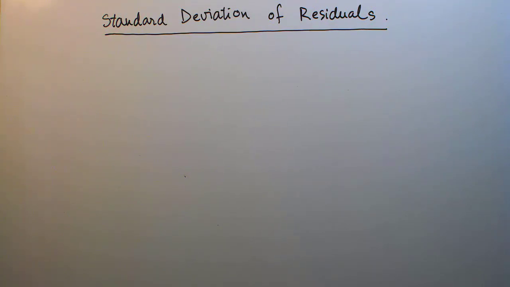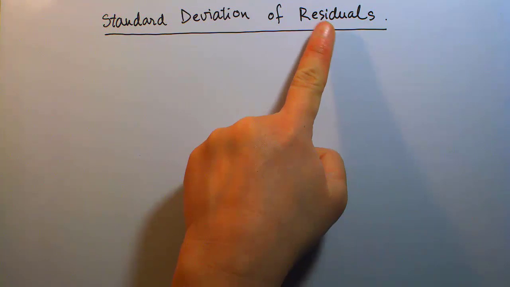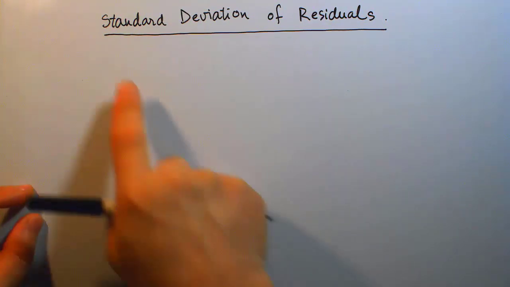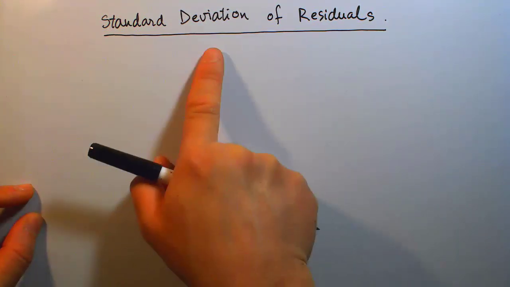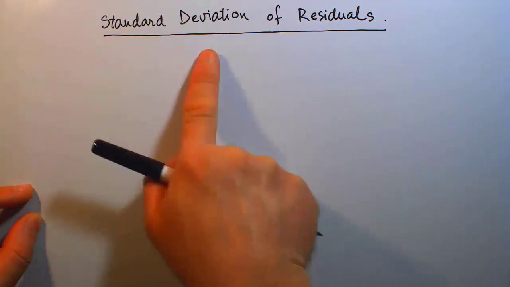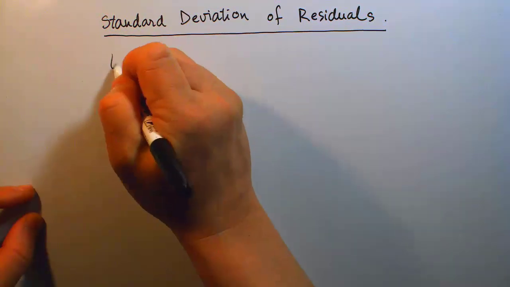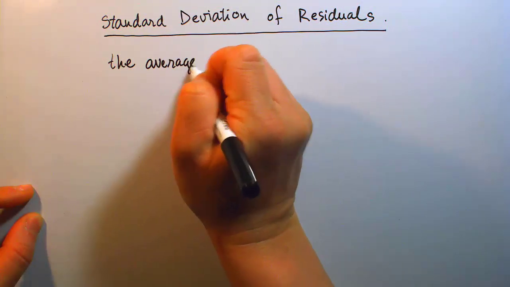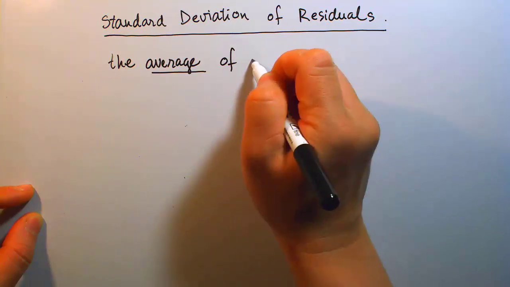All right, after calculating each individual residual, and also having some understanding of how the residuals relate to the scatter plot and the best fit line put together, we can now also calculate the standard deviation of residuals. To start out, the standard deviation of residuals is, simply put, the average of all residuals.